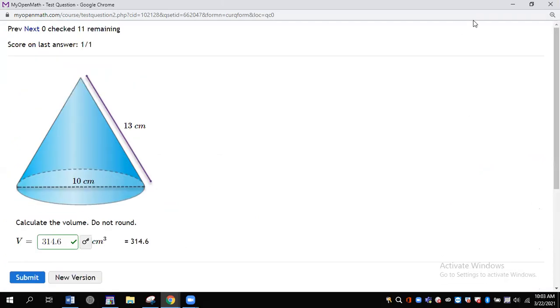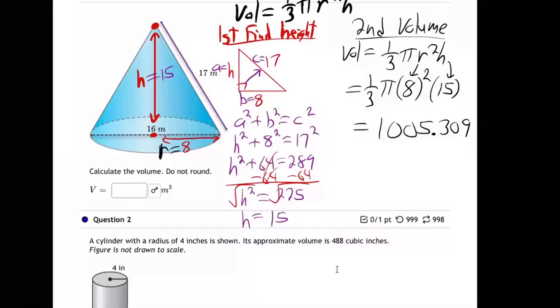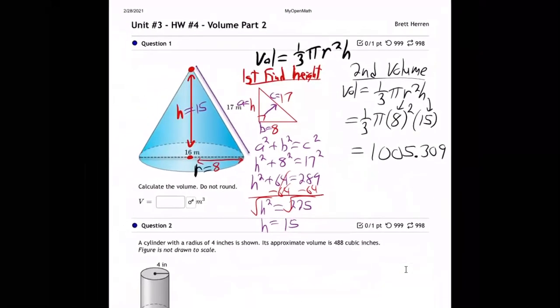Yeah, they will take a rounded number, even though they say that ominous, do not round. They will take a rounded number. So let me go back to the question. So there it is. Yeah, so that's correct. So you can just give them this answer here and they will take it.